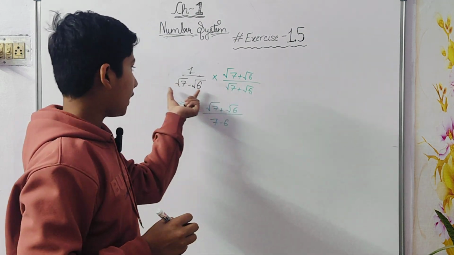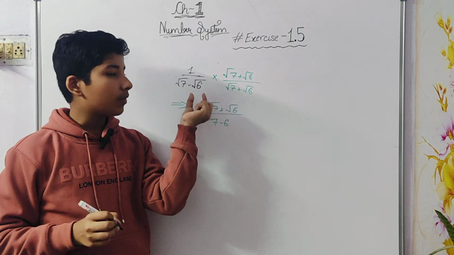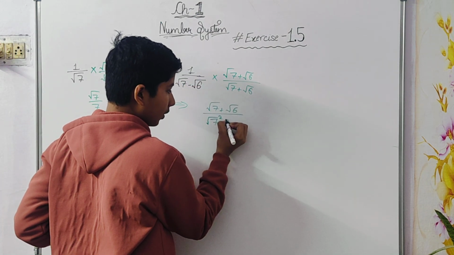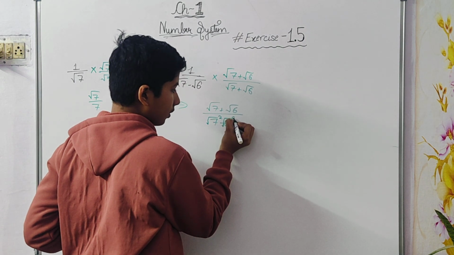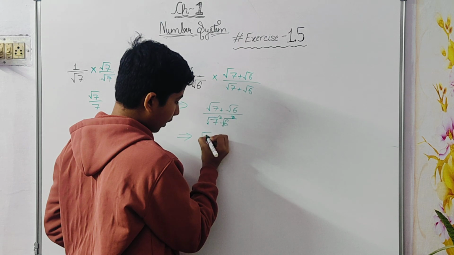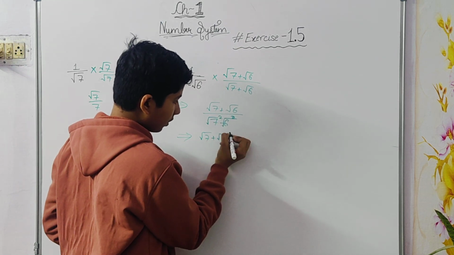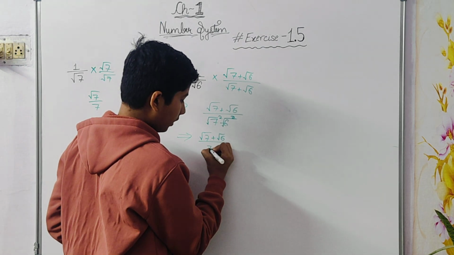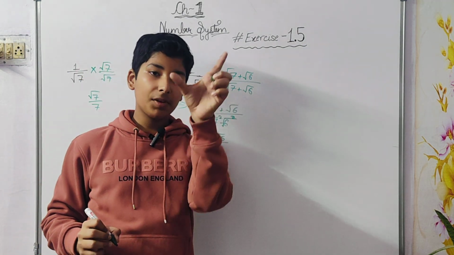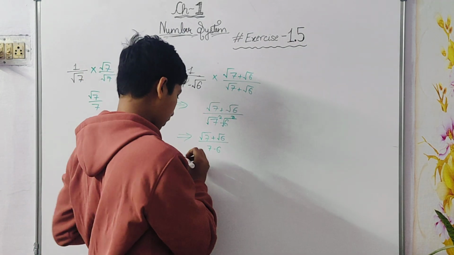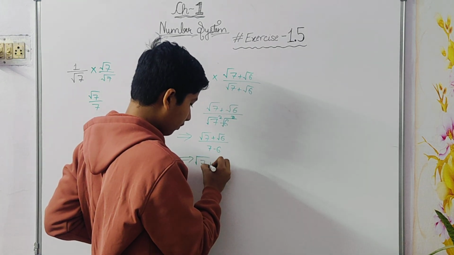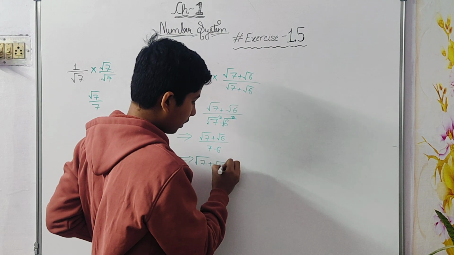Because this multiplied by this can be written as root 7 square minus root 6 square. It will be root 7 plus root 6 upon 7 minus 6, which is 1, and every number has its denominator as 1. So our answer will be root 7 plus root 6.